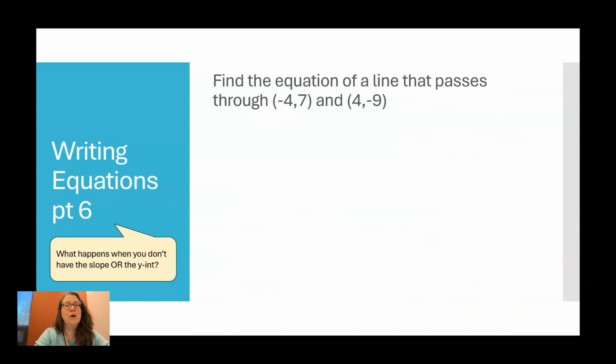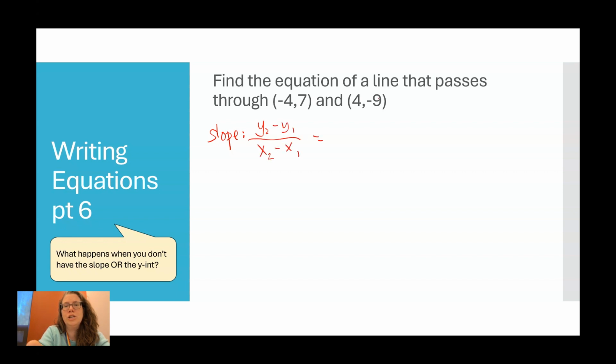If we don't have the slope and don't have the y-intercept, we only have 2 points, and neither of them are nice points. Notice neither of these are intercepts. Now we want to find the slope first, and then we're going to find either b and do y = mx + b, or we can use a point and do point-slope form. So let's try. Change in y over change in x.